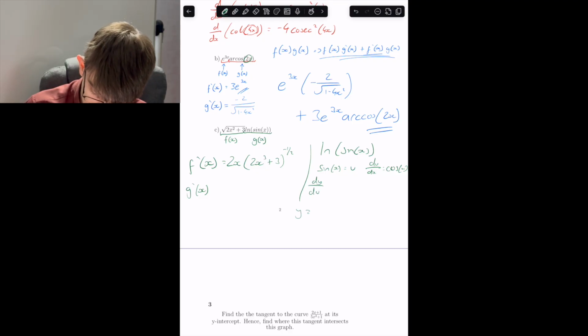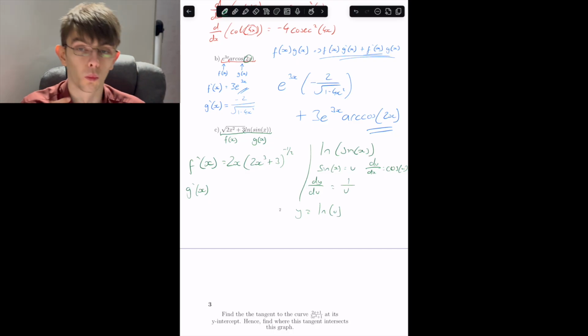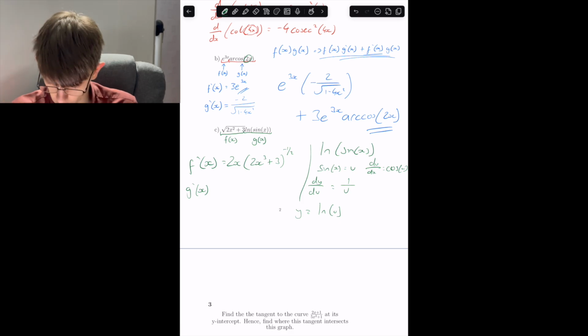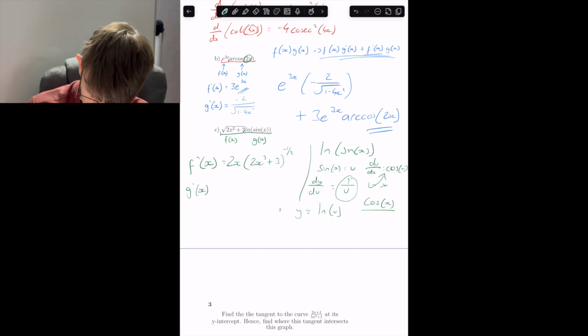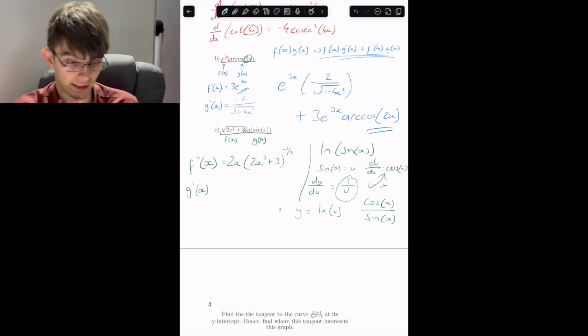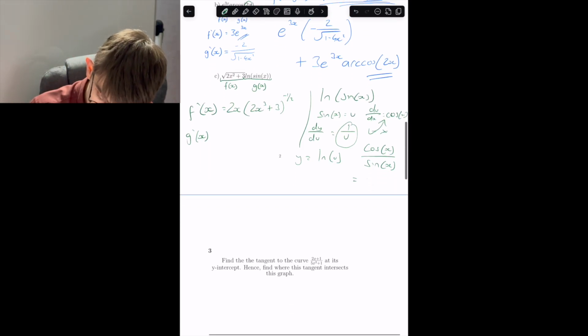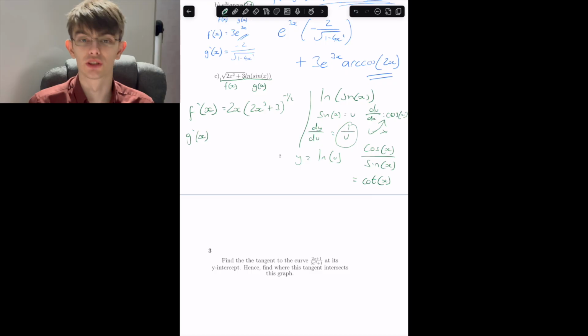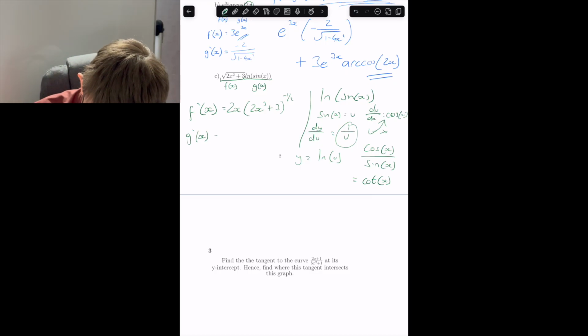And y here is just going to equal ln of u, and the derivative of ln, or any log, is just 1 over u. Multiply those together, as per the chain rule, I end up with cos of x divided by u, which is sine of x. And that cos over sine, or cot, which is quite nice. I just end up with cot of x. Okay, so my g prime of x is simply cot x.